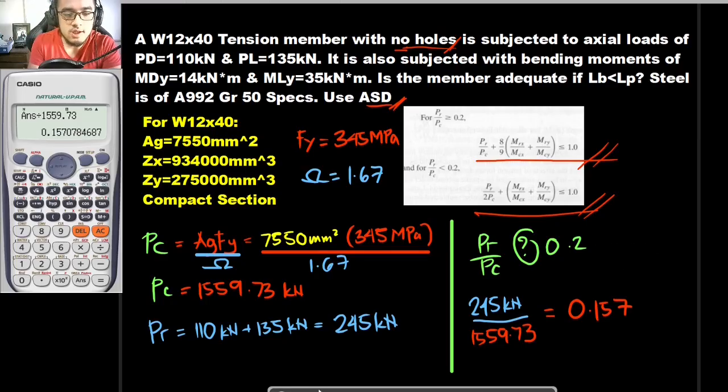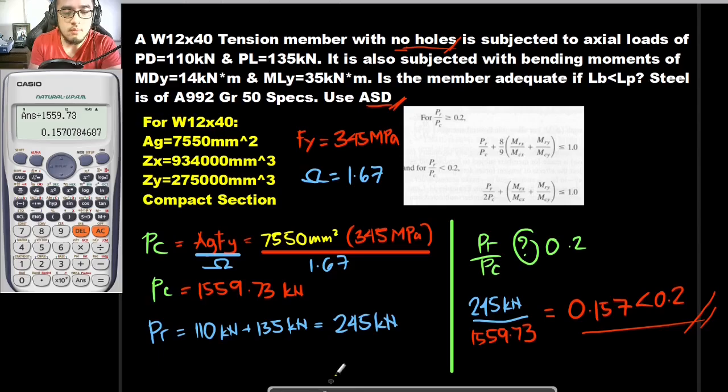So as per inspection, that is less than 0.2. So meaning if our answer here would be less than 0.2, we would be using this formula right here in the bottom, since we have satisfied this equation right here. So okay, we already have our PR, we already have our PC, and as for bending about the x-axis, we don't have that, since there are no moments about the x-axis.